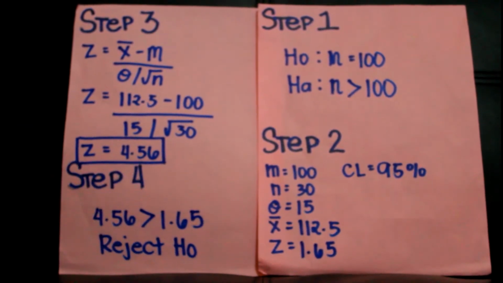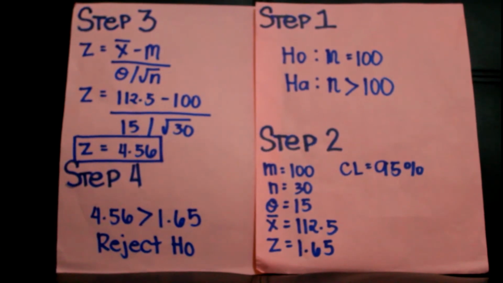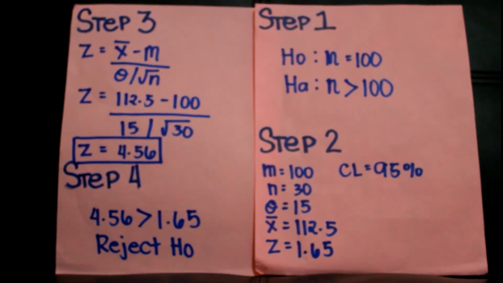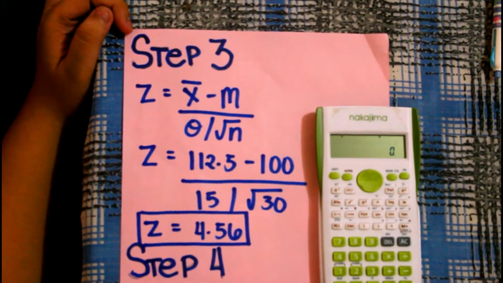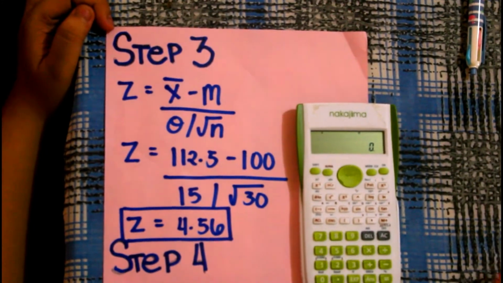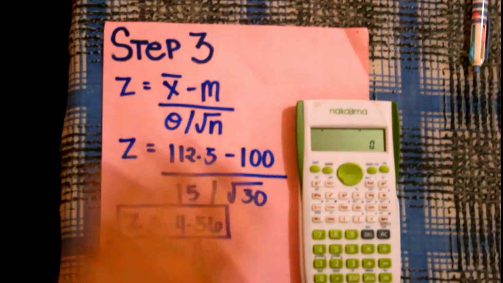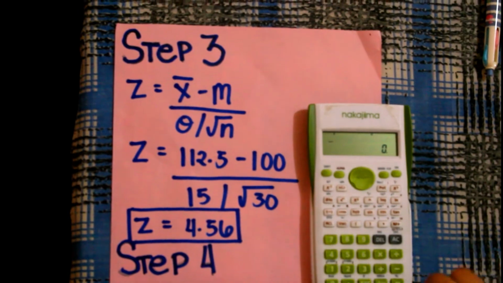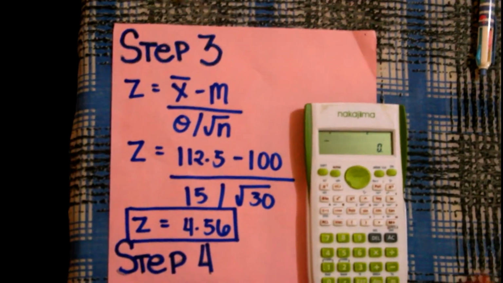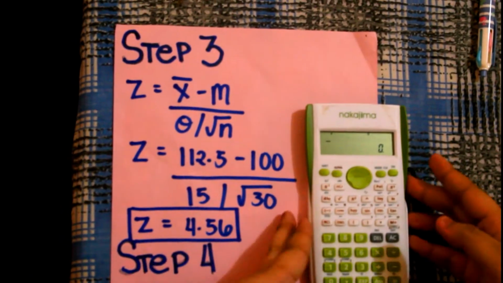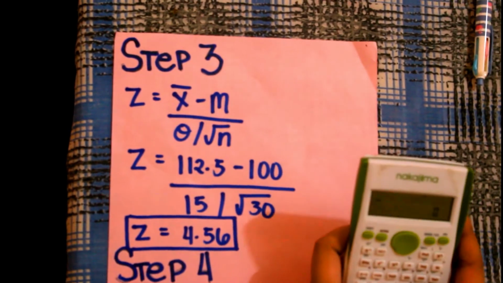Yan. So, I will show you how to calculate a formula like this in the calculator. Ipapakita ko sa inyo kung paano i-compute itong formula na to sa calculator. So, Z is equal to 112.5 minus 100. I-insert natin siya sa calculator.